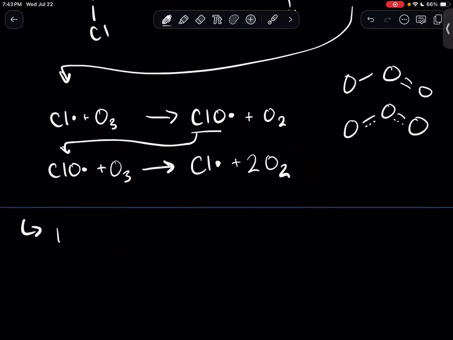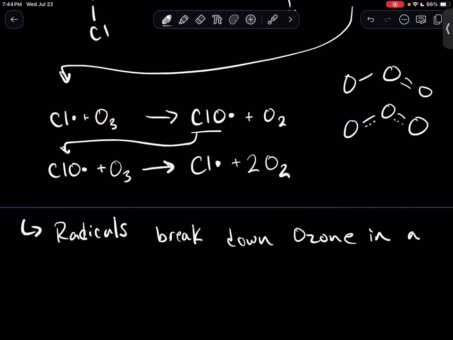So basically, we can simplify this by saying radicals break down ozone in a self-propagating reaction, maybe even a chain reaction.